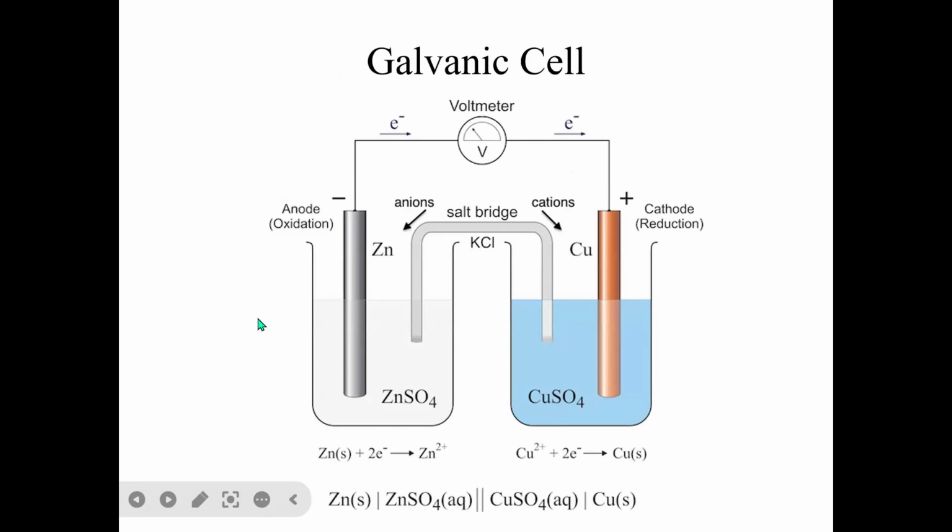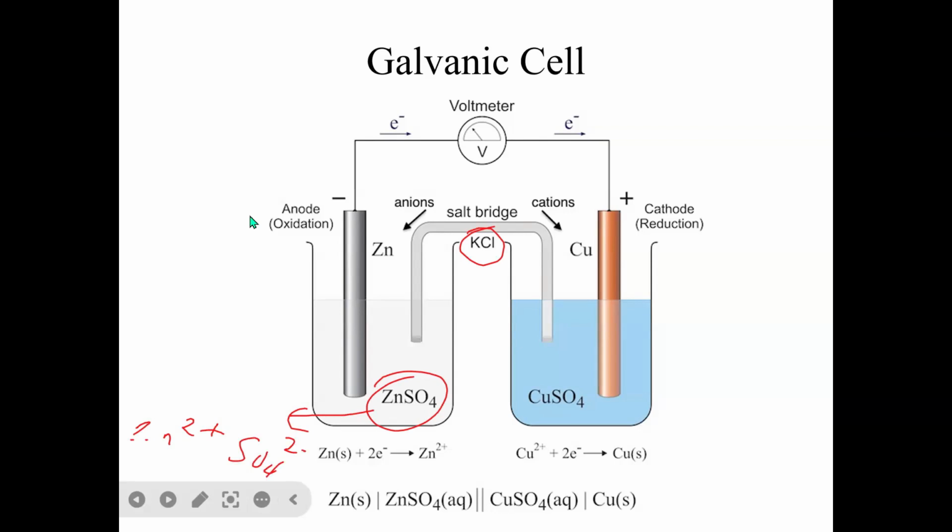So you see, this is a galvanic cell, and this is a voltmeter, and there is a salt bridge. An example of the salt bridge that is used in this galvanic cell is potassium chloride, and then we have our electrolyte. At the anode, we have zinc sulfate, and this zinc sulfate dissociates or ionizes to produce zinc 2+ and the sulfate ion.